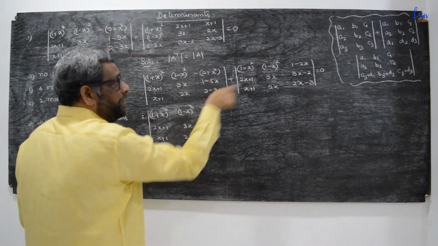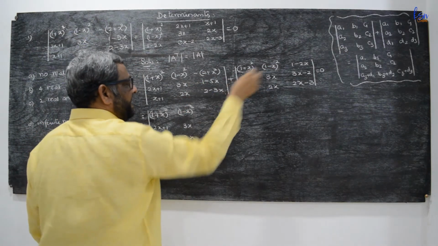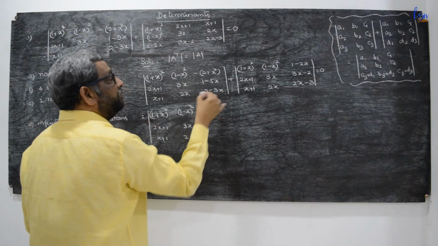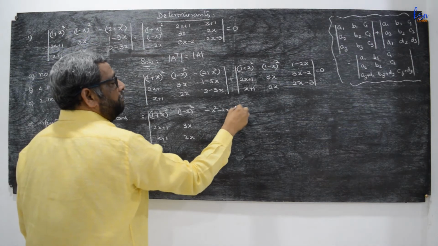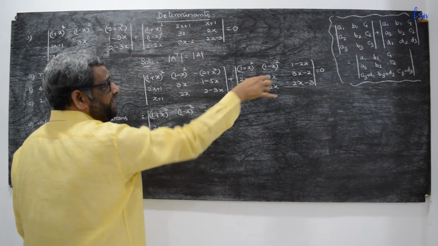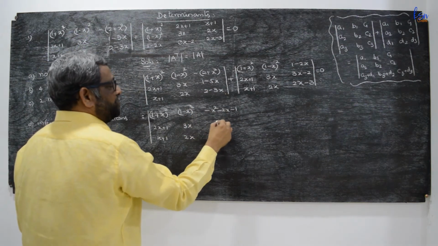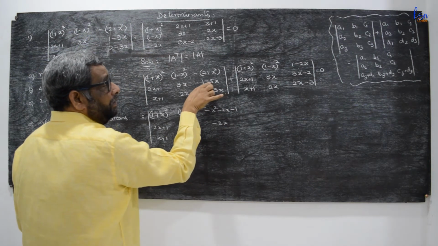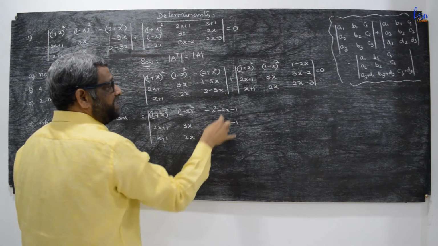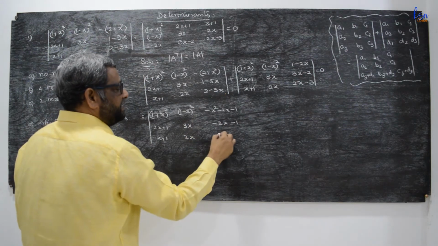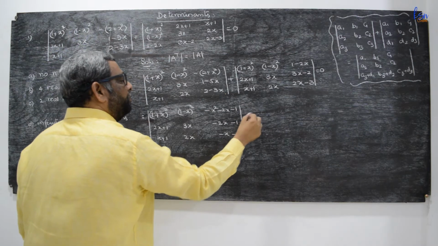Here the elements of the third column are different, so add those two. So minus 2 minus x square, that means minus x square, plus minus 2x, minus 2 plus 1, minus 1; 1 minus 5x plus 3x minus 2, so minus 5x plus 3x, minus 2x, and 1 minus 2, minus 1; 2 minus 3x plus 2x minus 3, that means minus 3x plus 2x, minus x, 2 minus 3, minus 1 is equal to 0.